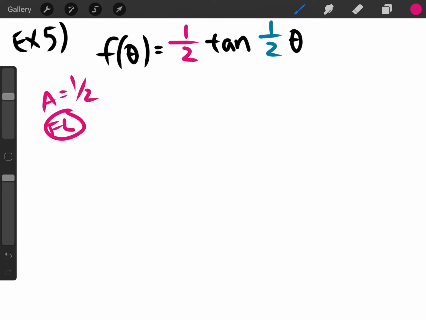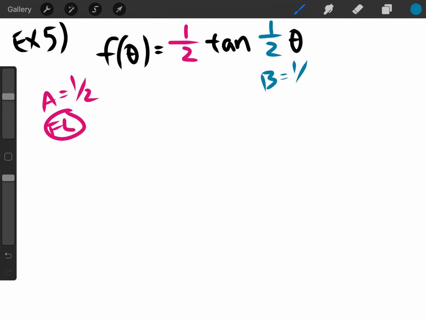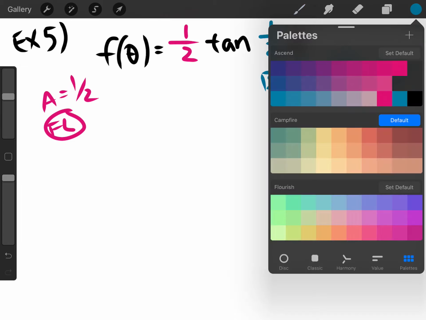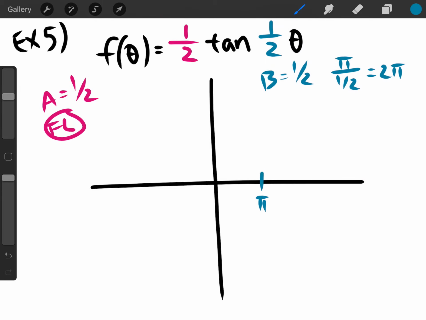Okay, it's going to be flatter. And the B value is 1/2, which means that pi over 1/2 is going to be 2 pi. Now just go ahead and label every component. So a period of 2 pi, half of it is going to be pi, the other half is going to be negative pi.